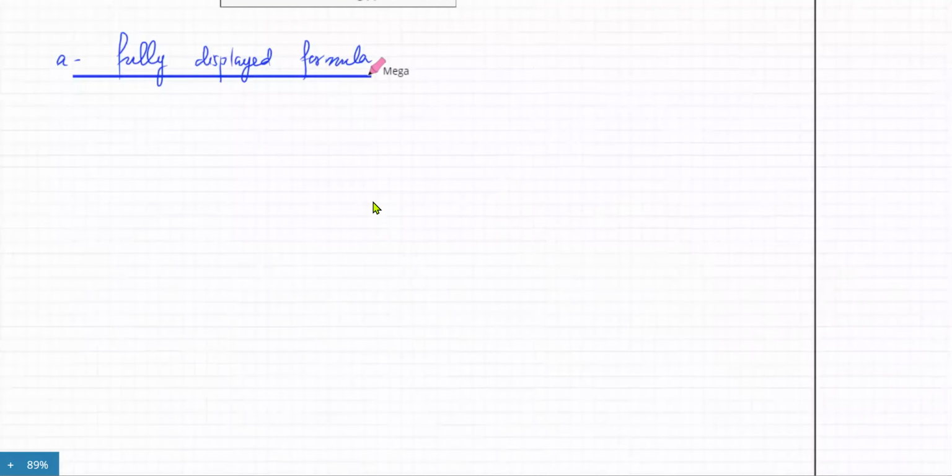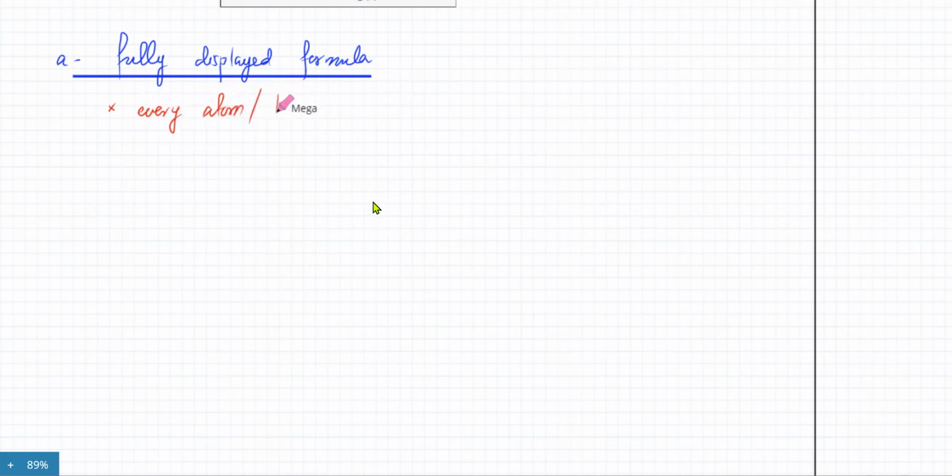Now, what is a fully displayed formula? If the question asks you about a fully displayed formula, you show every single atom and every bond.